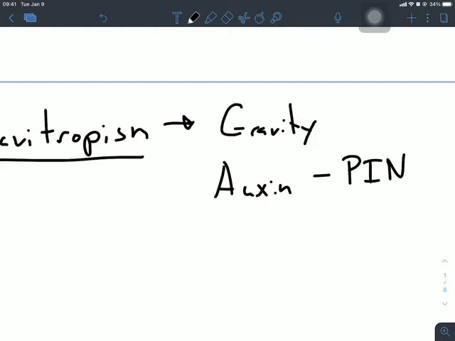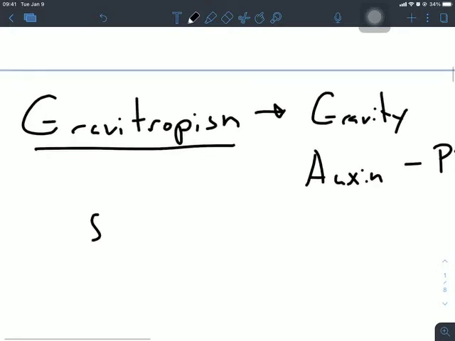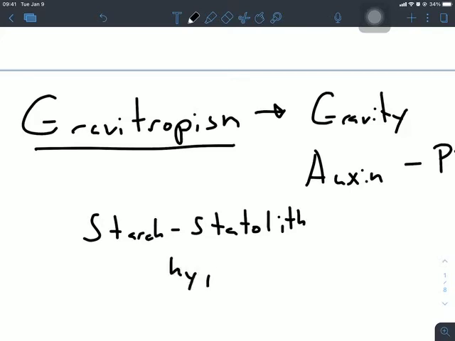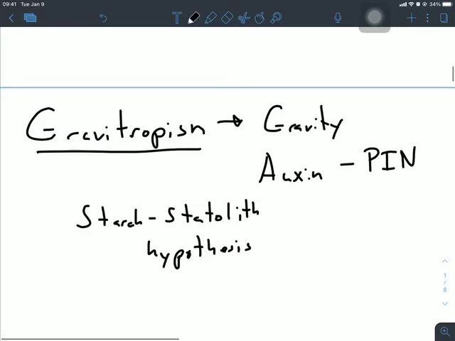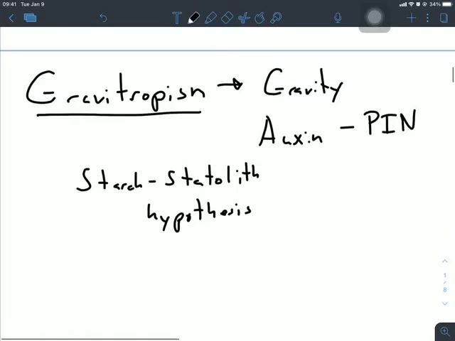It is instead induced by something called the starch statolith hypothesis. And this is because we're discussing gravitropism in the root. And what do roots not get a lot of?